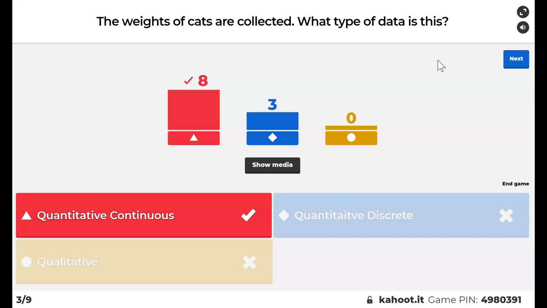Obviously when you measure it, you're going to round it to certain numbers, but it could be anything between the 4 and the 5. That was my cat, by the way. Just thought I'd point that out.